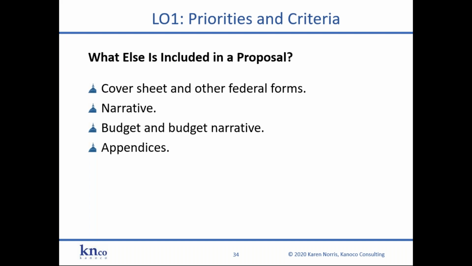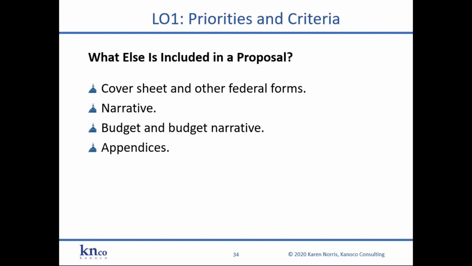And generally they use what's called the 424 family of forms. So there'll be a 424, a 424A, a 424B, a 424C, or some variation of that. There'll be an assurance form possibly, although they're starting to do federal assurances through sam.gov registrations rather than through proposals.